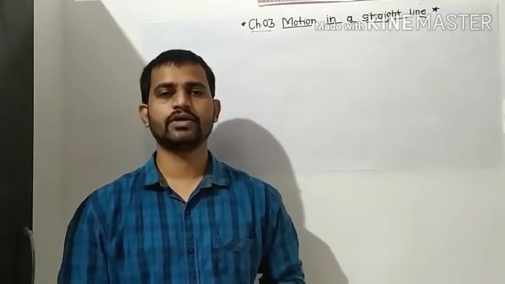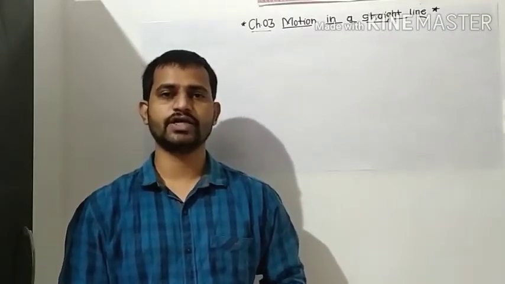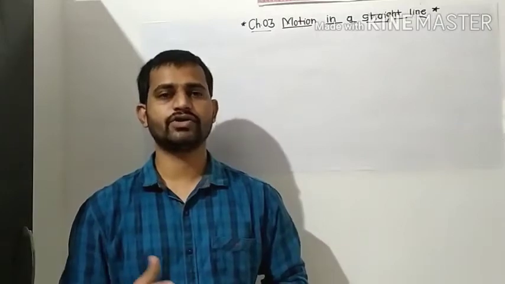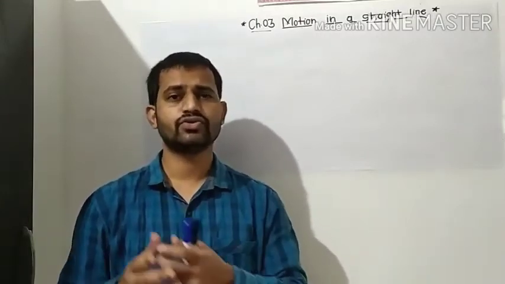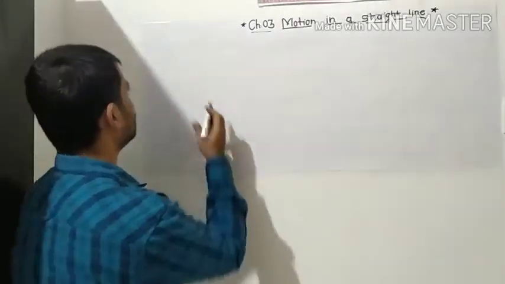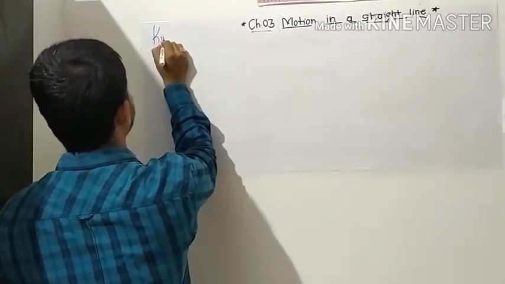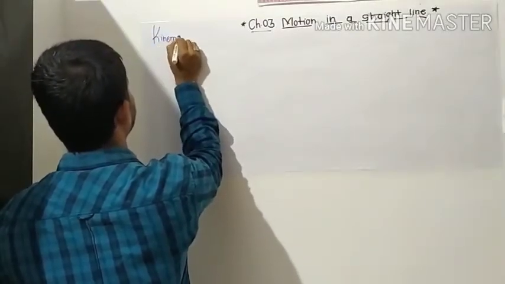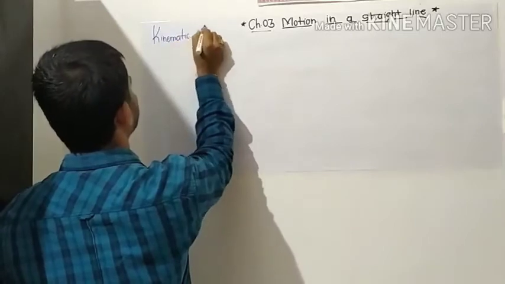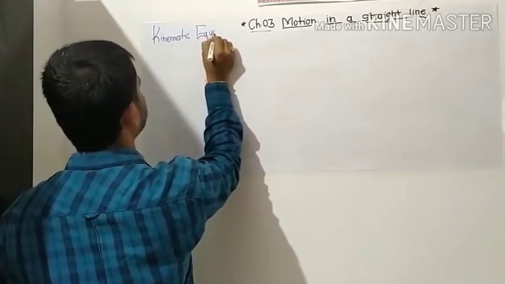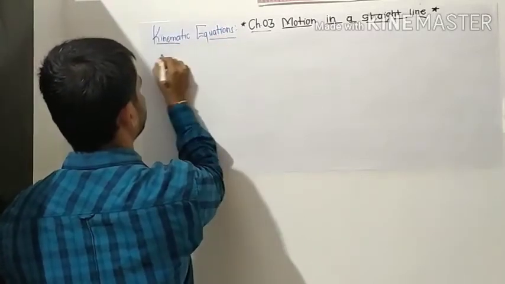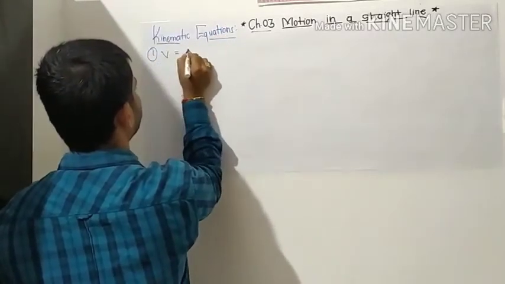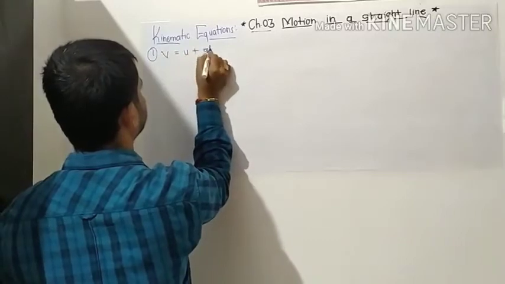that we have the motion from time t is equal to 0 to time t is equal to t, and during that motion the velocity changes from u to v. So let us consider the kinematic equations. The first is v is equal to u plus at.